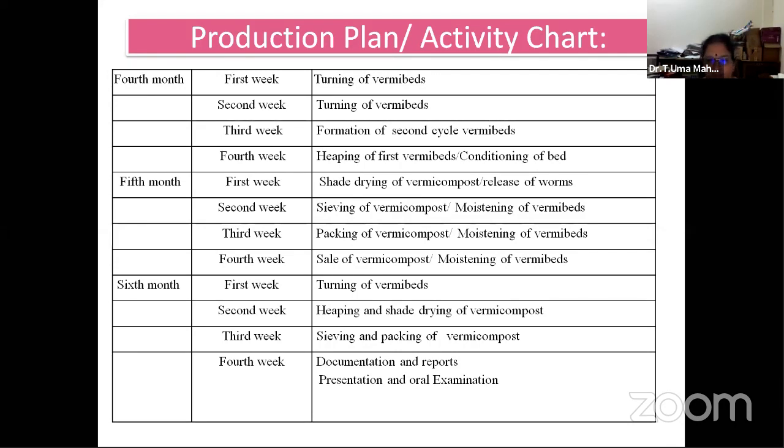Earthworms have the habit of only going to places where moisture is there, so they will go down and settle at the lower level, and you can slowly take the material out and sieve it. That is the procedure, and the entire process will generally take about 90 days if you do it in a systematic manner.